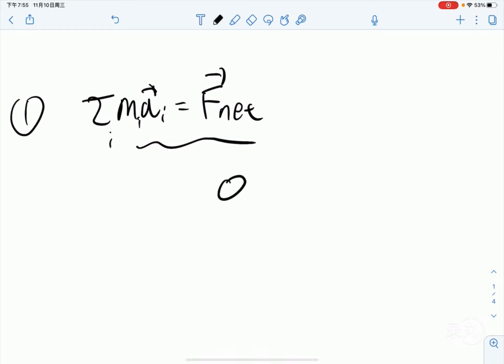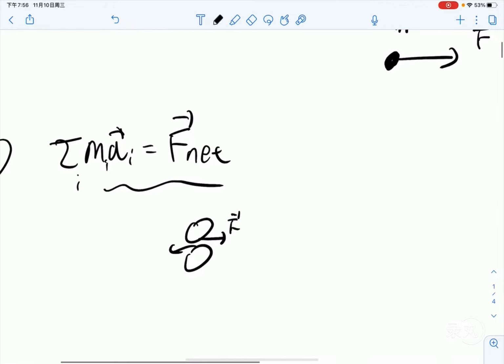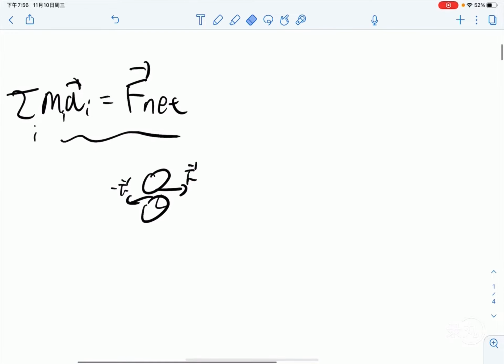If you consider two objects, and there are forces acting on each object, which is friction, by Newton's third law, which states that every action has an equal and opposite reaction, the magnitude of these forces is the same but the direction is opposite.